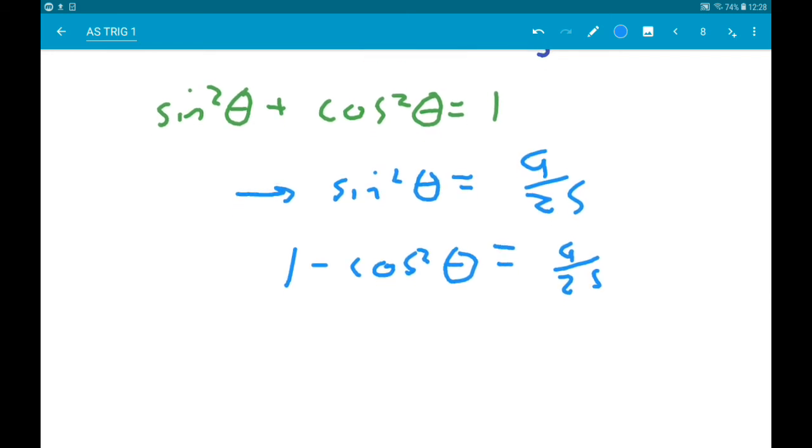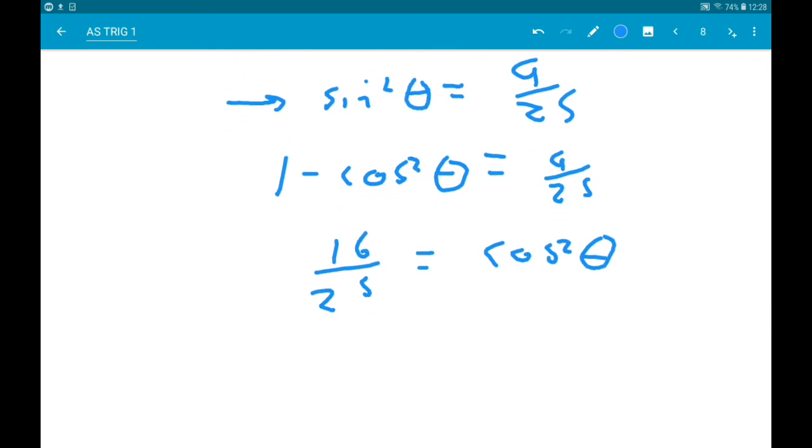So we get 16/25 is equal to cos squared. And then we square root both sides. So finally we get cos theta is plus or minus 4/5.